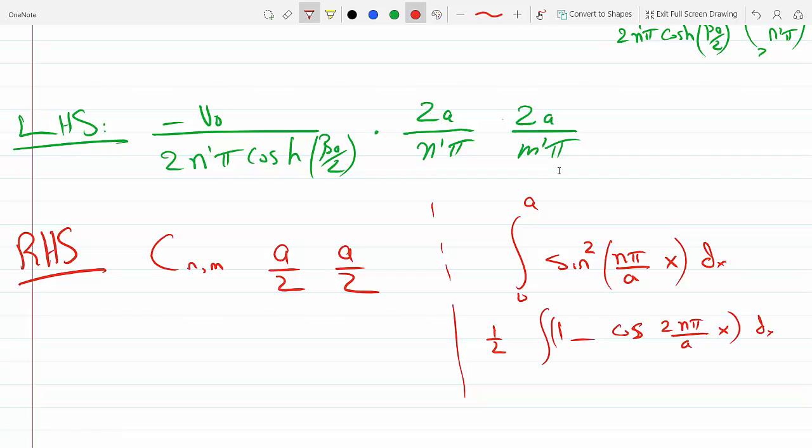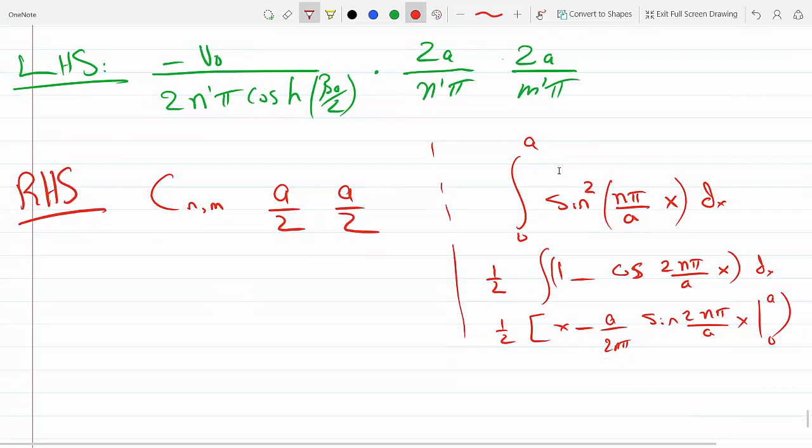dx. And so what's this? 1/2 x minus sine 2n pi over a x, and multiply or divide by the chain rule, so this is a over 2n pi, and evaluate from 0 to a.